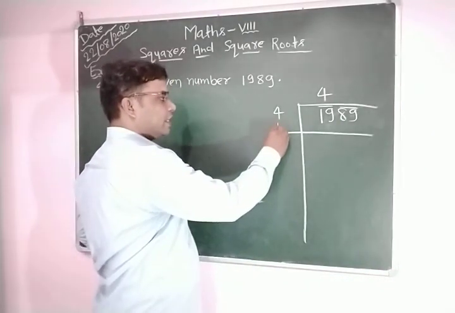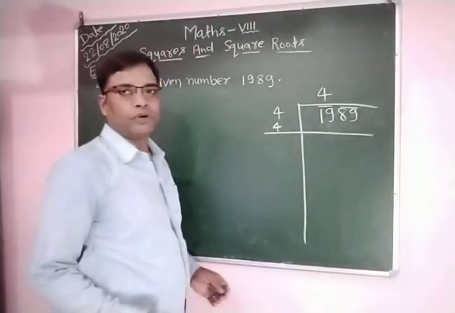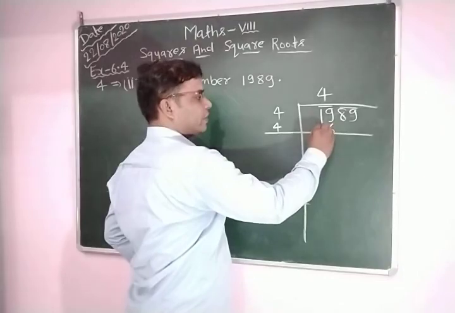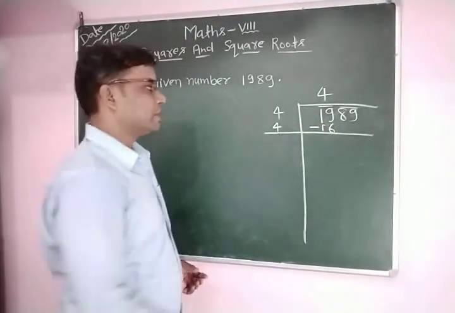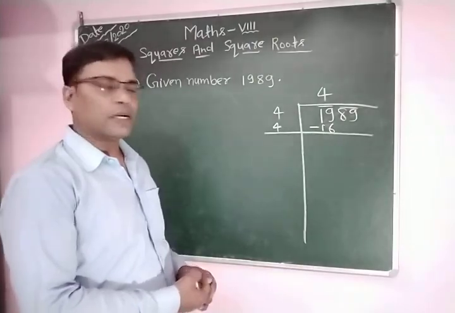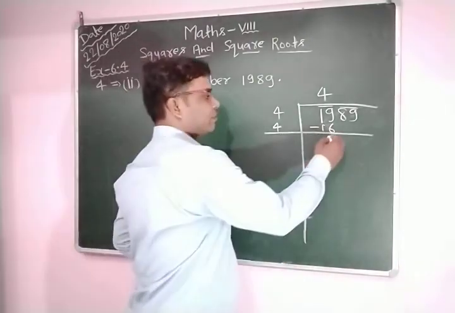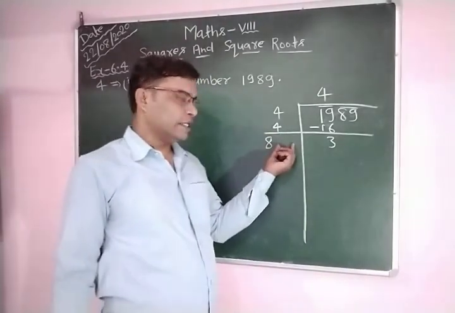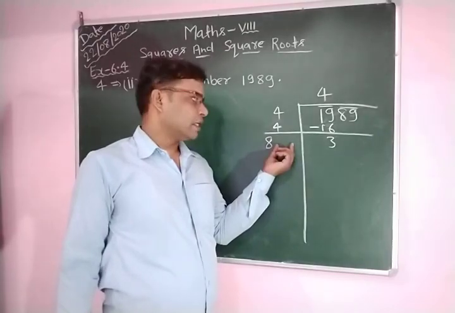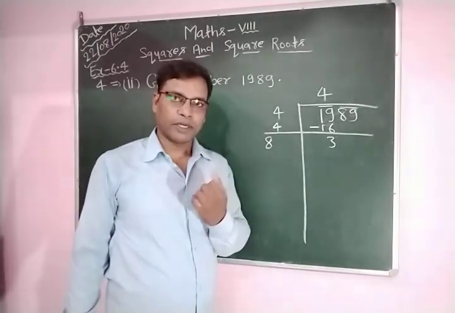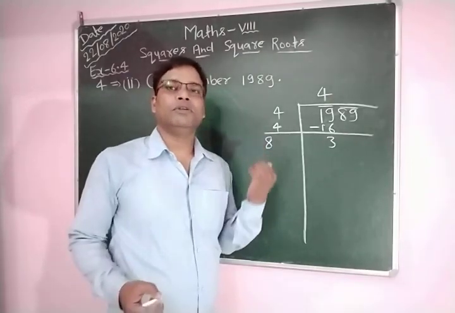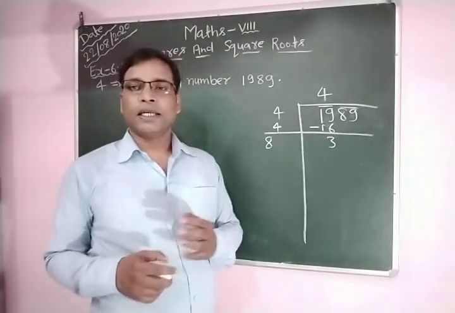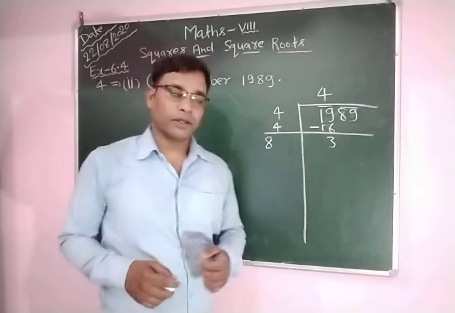Again you write 4 here, and you multiply 4 by 4. 4 times 4 is 16, so you write 16 here and subtract. If you subtract 16 from 19, you obtain 3. Here we add the divisors and leave one blank space, where we select one number so that multiplying the new divisor gives a value equal to or less than the new dividend.